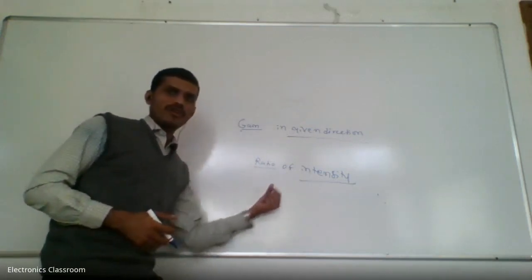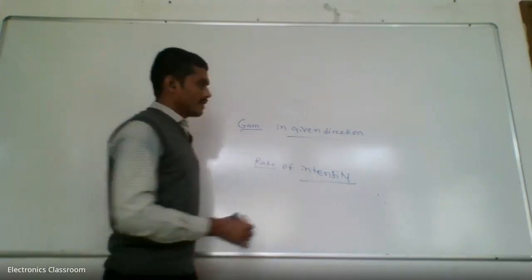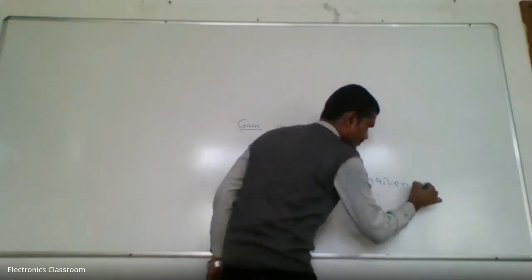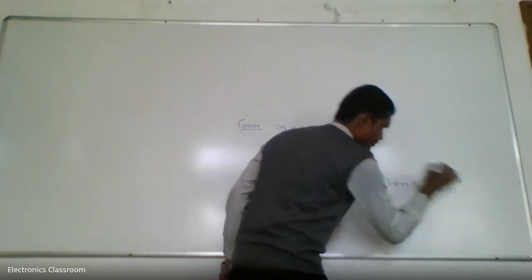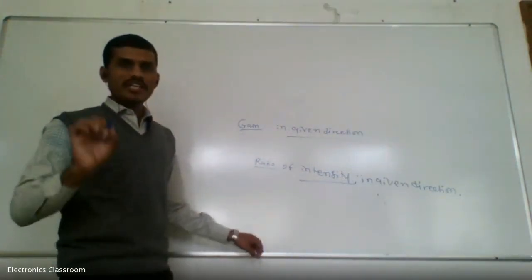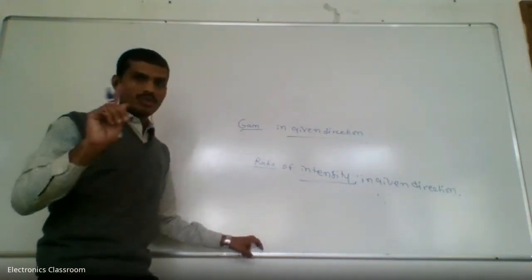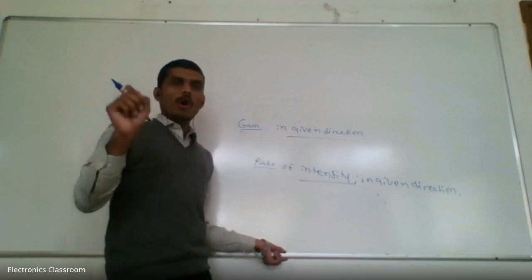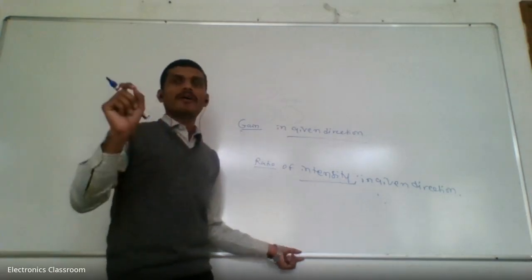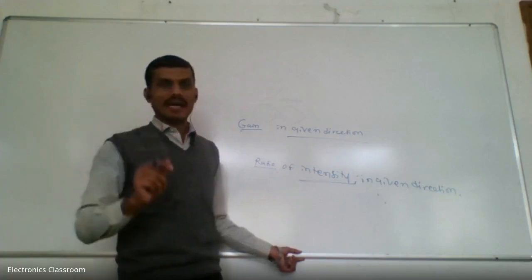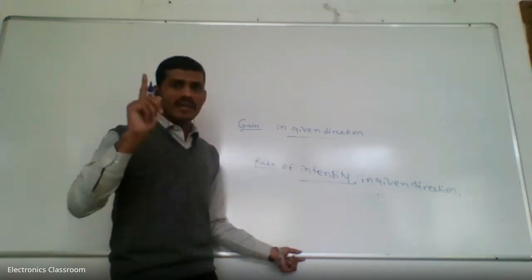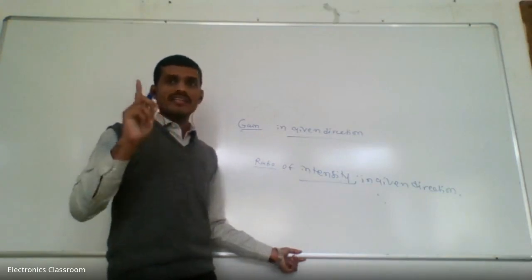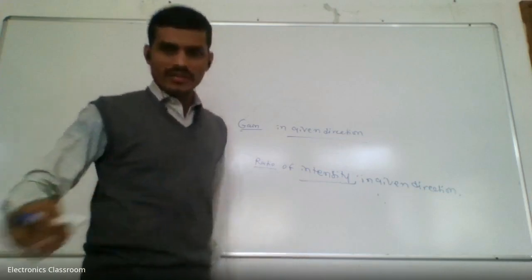Here it is the ratio of the intensity in a given direction to the radiation intensity that would be obtained if the power accepted by the antenna were radiated isotropically. Got it?